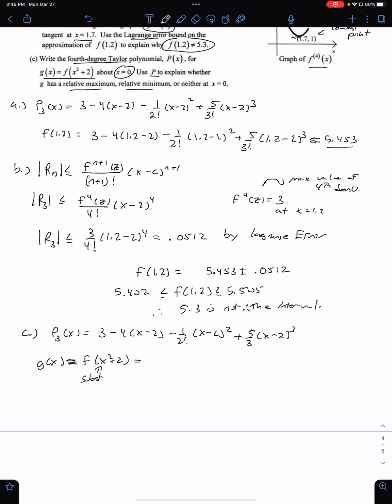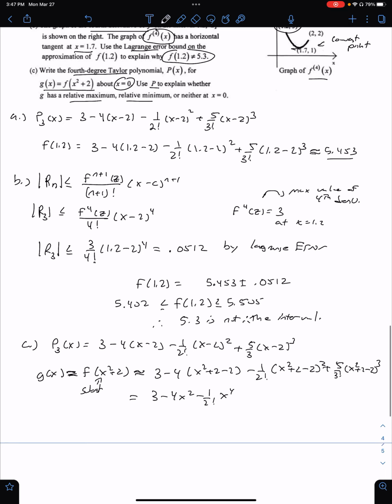So g of x is going to be approximately, and I just plug this in, 3 minus 4 times x squared plus 2 minus 2, minus 1 over 2 factorial, x squared plus 2 minus 2 squared, plus 5 over 3 factorial, x squared plus 2 minus 2 cubed. And I can just simplify that. And that becomes 3 minus 4x squared minus 1 over 2 factorial, and that just becomes x to the fourth.